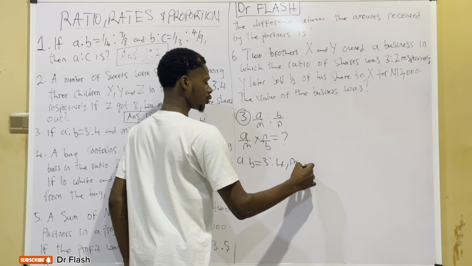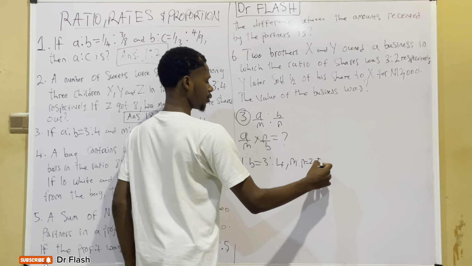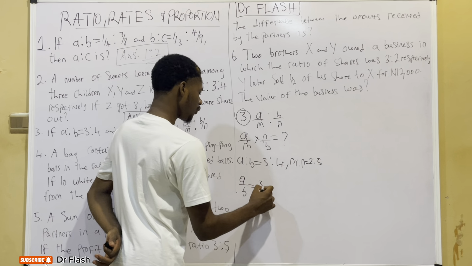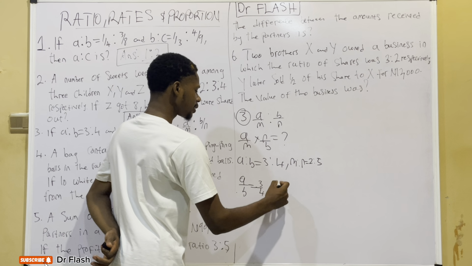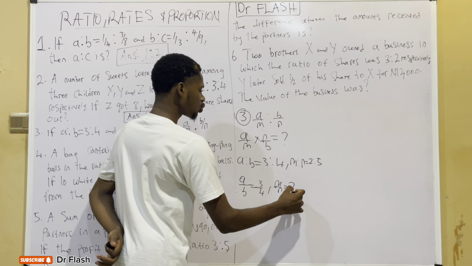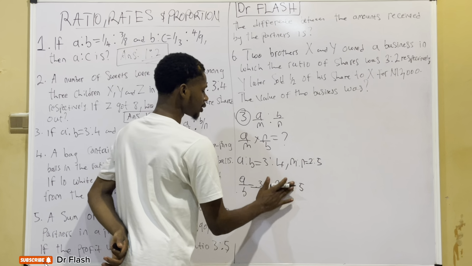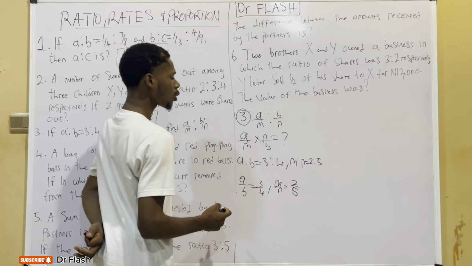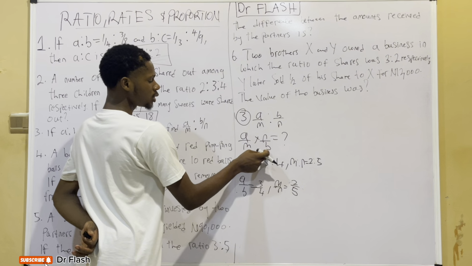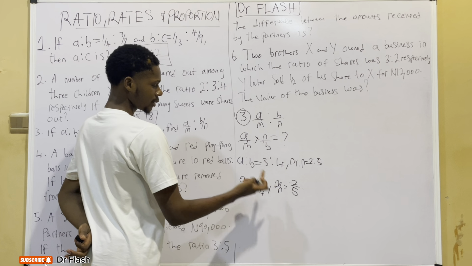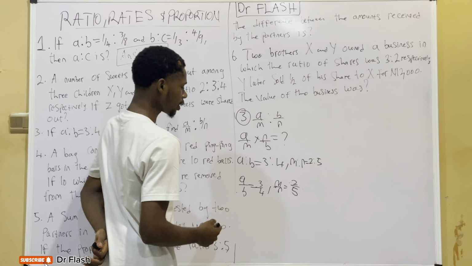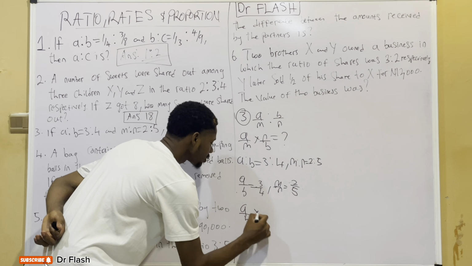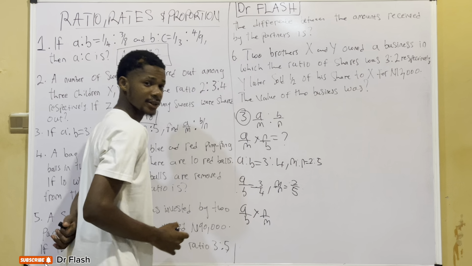Now this simply means A over B is 3 over 4, and this simply means M over N is 2 over 5. Now let's see how we can multiply. This denominator can come here and this one will come here. If they exchange, we are going to get A over B times N over M, right?